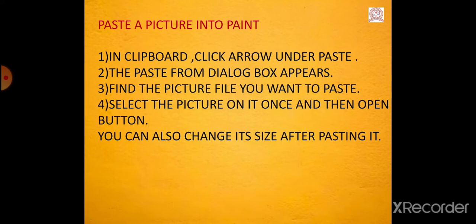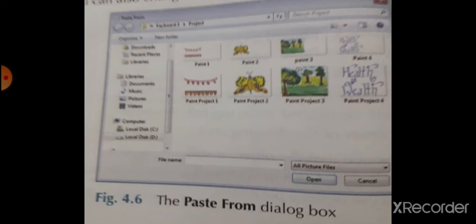Find the picture file you want to paste into Paint. Select the picture by clicking on it once and then click the open button. After you paste the picture file, you can also change its size. See, this type of paste from dialog box appears and we can select any picture we want, and then we have to click on the open button and the picture will be pasted, and we can also change its size.